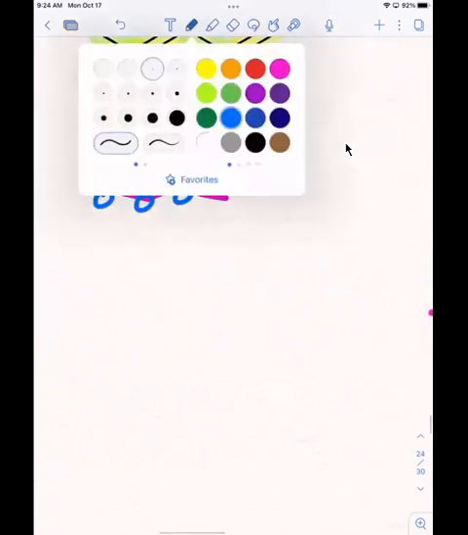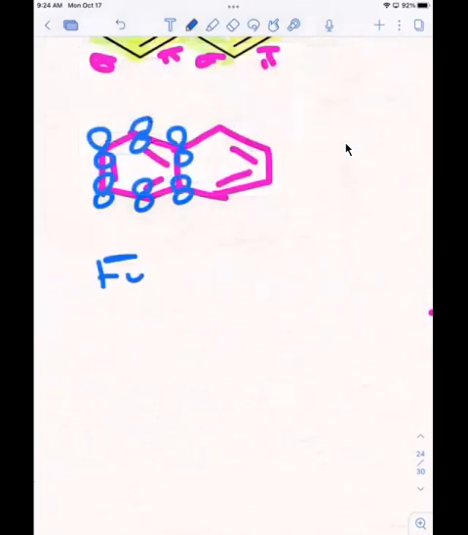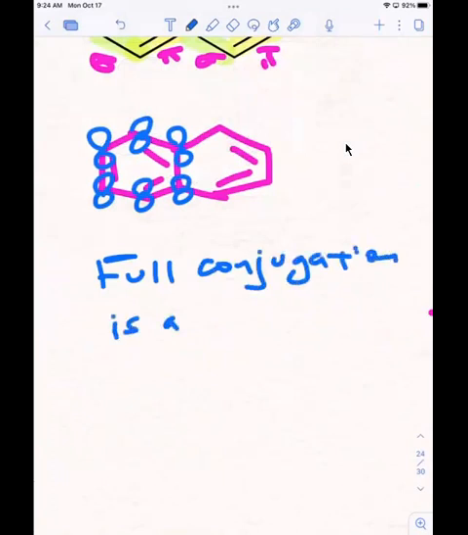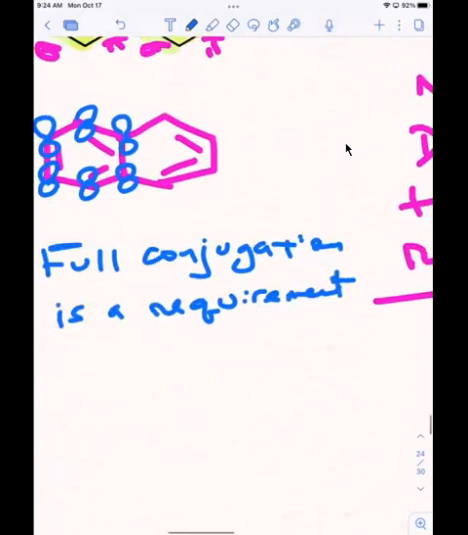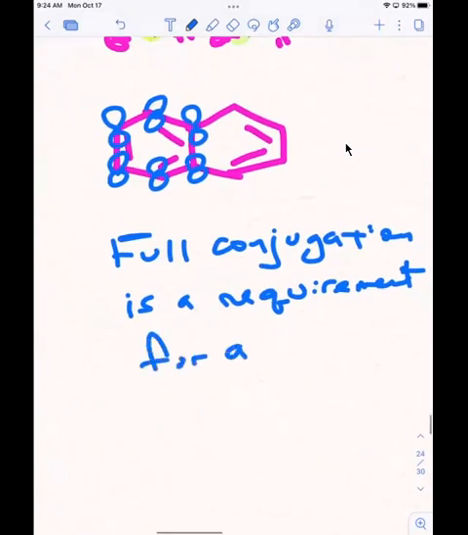I'll write it down. So full conjugation is a requirement for aromaticity.